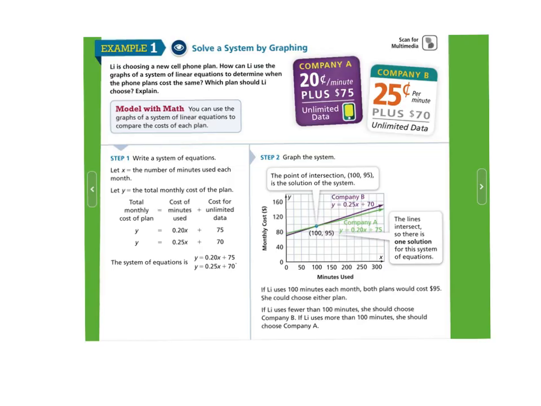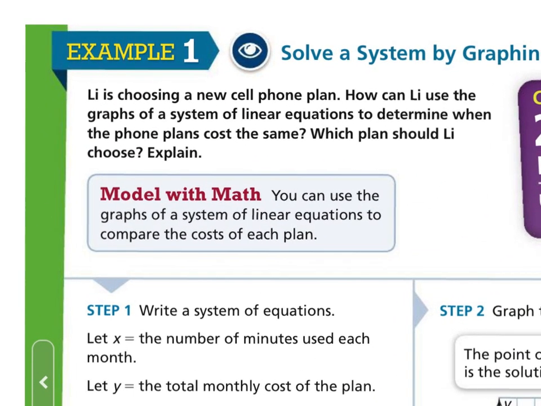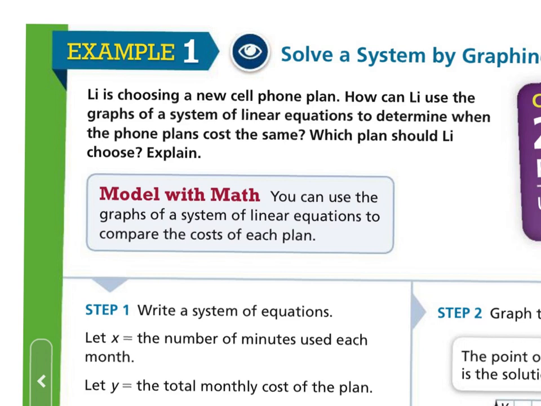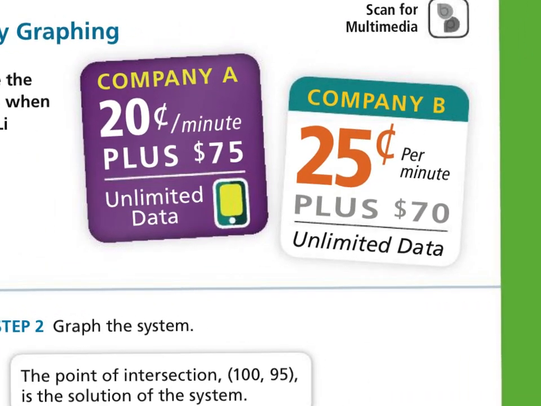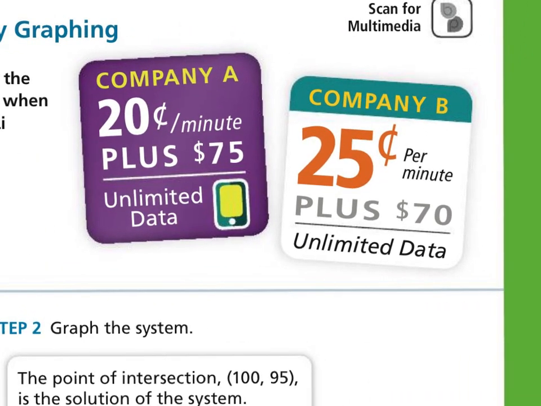So if we look at example 1, Lee is choosing a new cell phone plan. How can Lee use the graphs of a system of linear equations to determine when the phone plans cost the same, and which plan should Lee choose and explain? You can see from the information here, Company A is 20 cents per minute plus $75, and you get unlimited data.